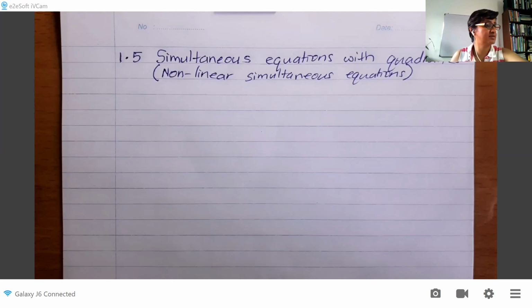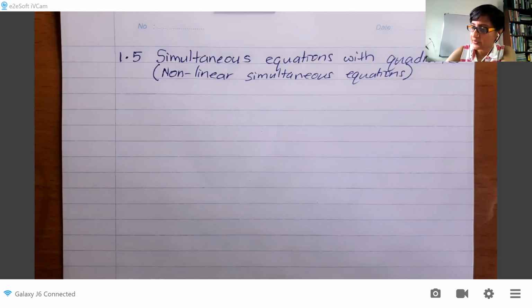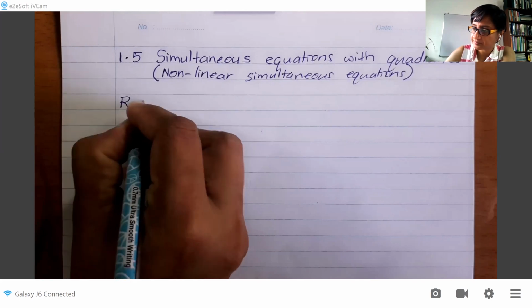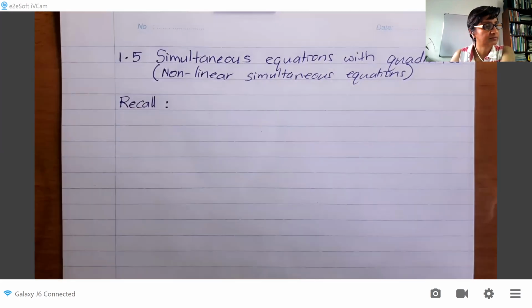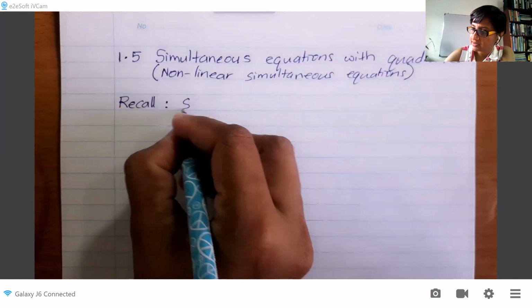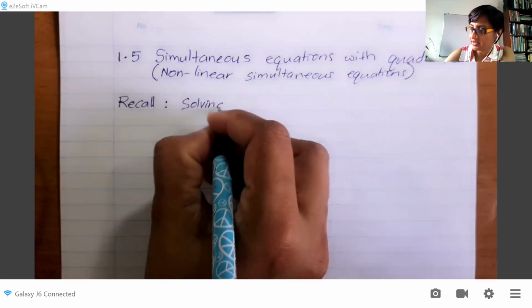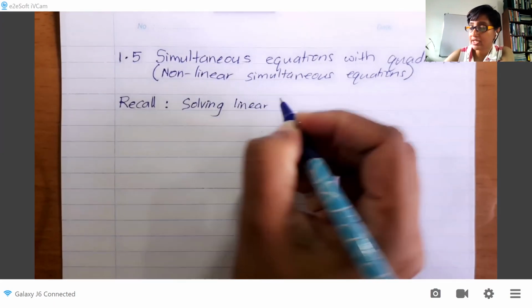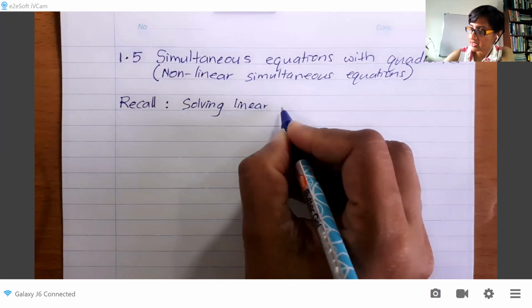Now, it's very clear. I can see that you can't remember certain things here. So quickly, this is just recalling. Recall. Let's quickly recall solving linear simultaneous equations. This is what you have learned in O-levels.